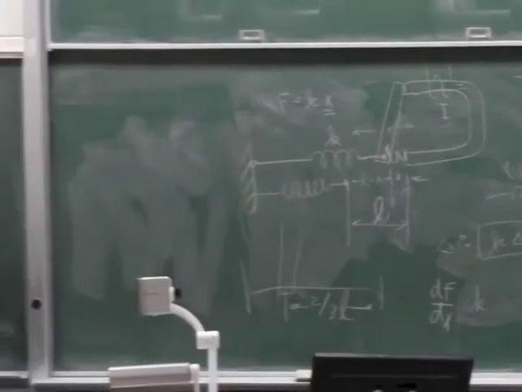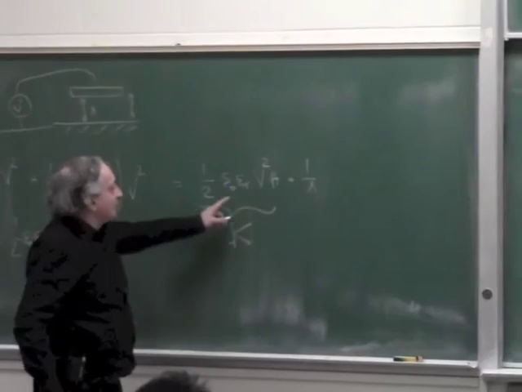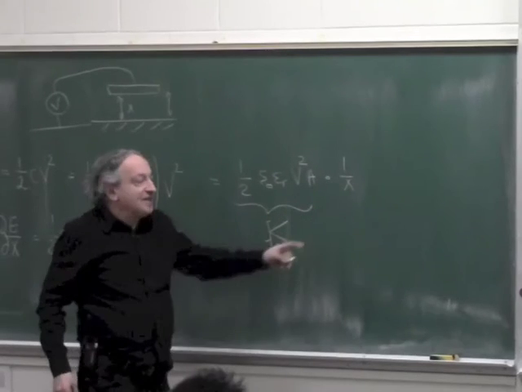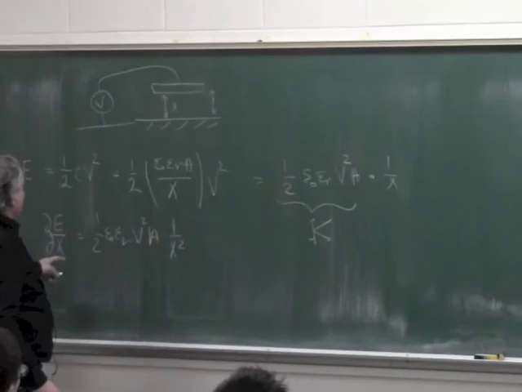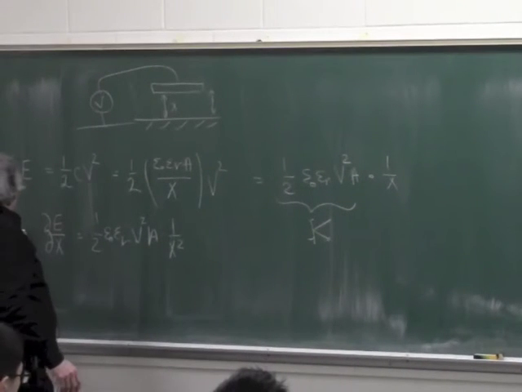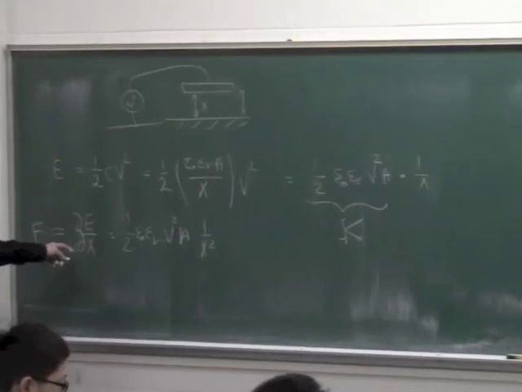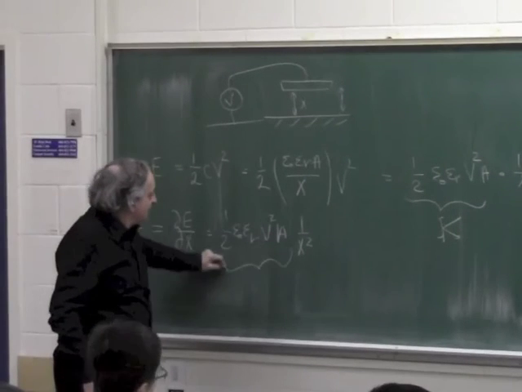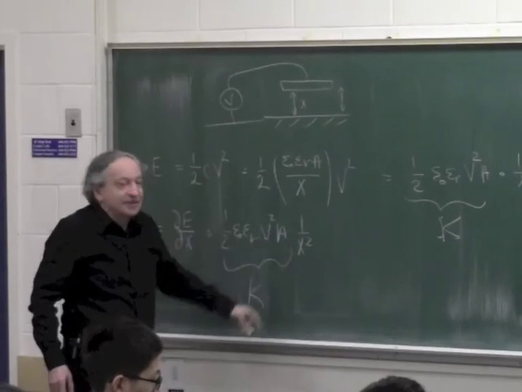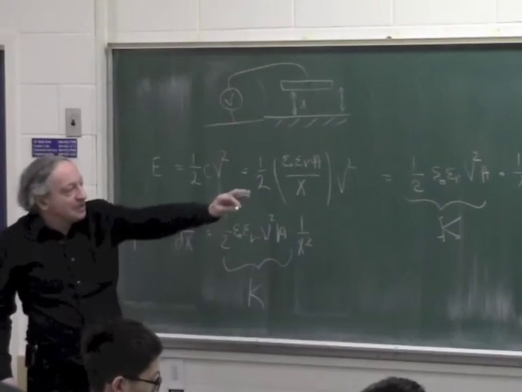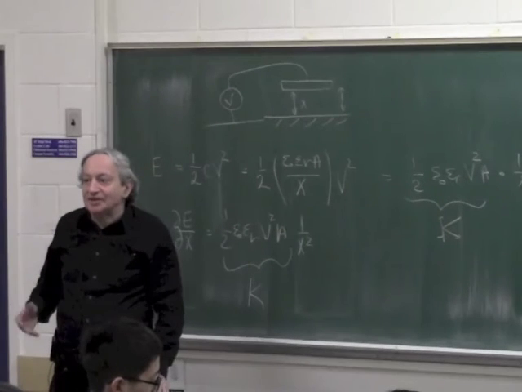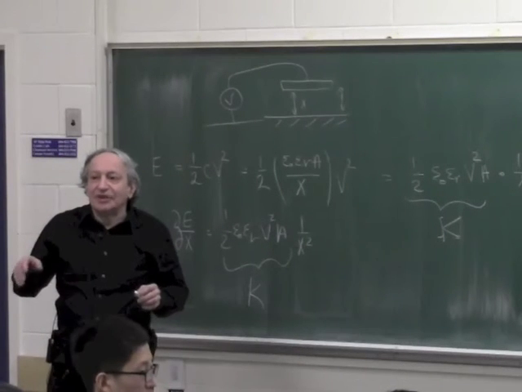In this case, the constant is the electrostatic actuator constant, but in both cases, F, which is d energy to dx, is a constant times 1/x². So both actuators have the same formula, some constant times 1/x².